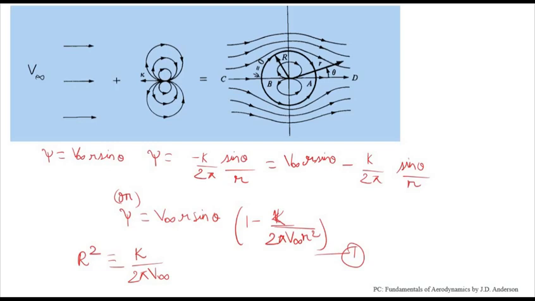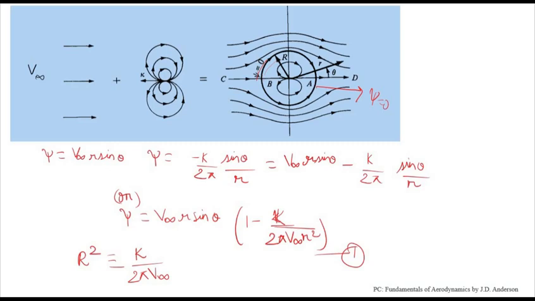So all the flow that is inside the psi equal to 0 circle, which you are able to see over here, becomes doublet, and all the flow that is outside this circle becomes uniform.